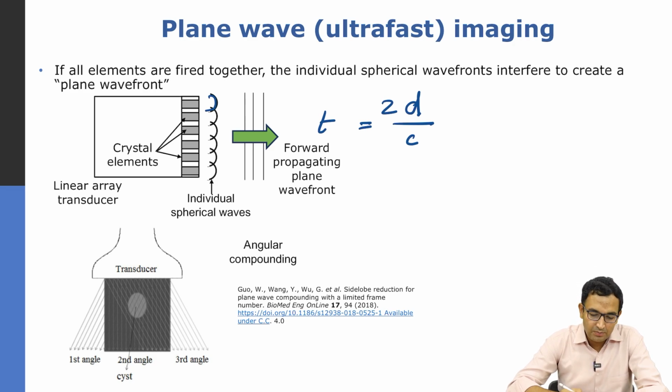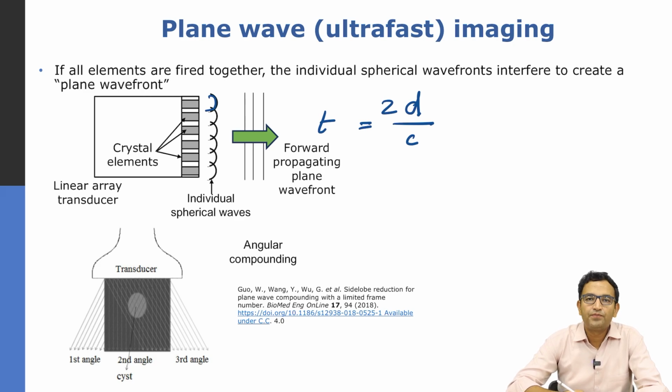Similarly here we can capture events that are very fast and not otherwise visible using these high frame rates. However, the lateral resolution is poor. So, is there something we can do to fix that?